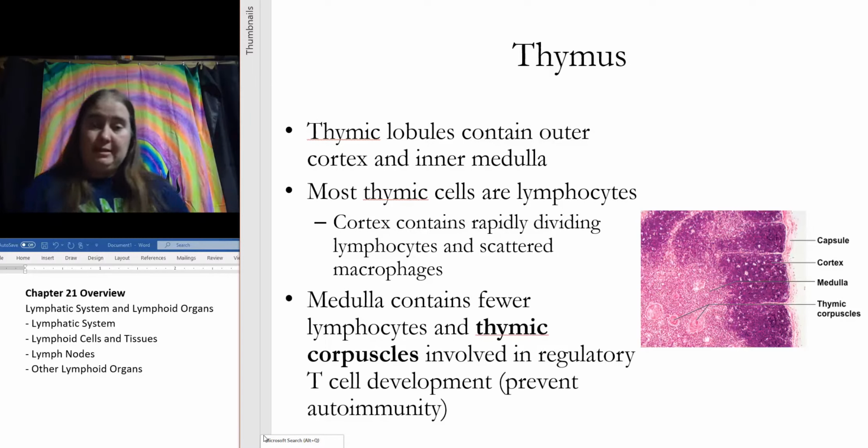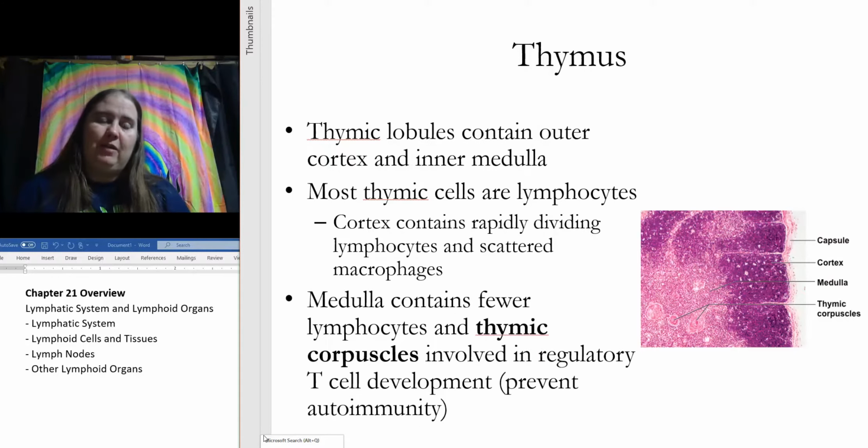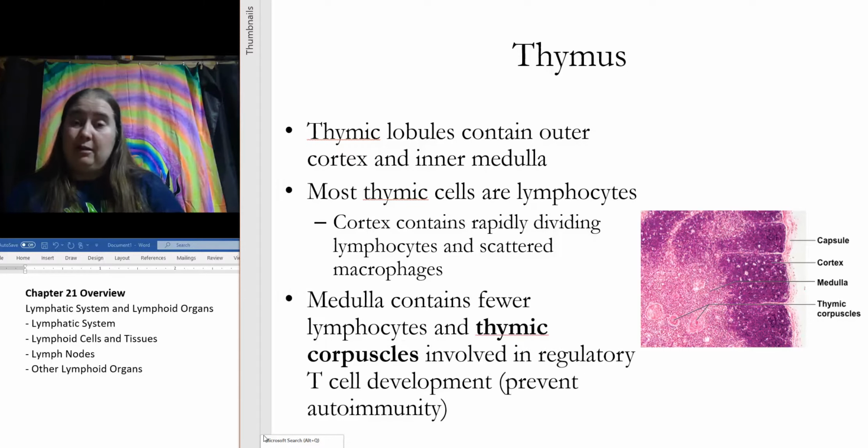In addition to the structure and where it's located, if we look at the thymus histologically, we have our cortex and our medulla as well.